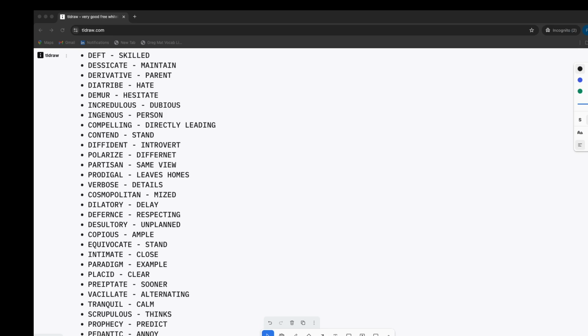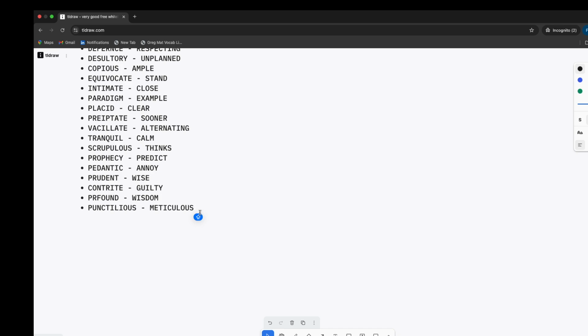Recondite: a recondite person is a very mysterious person. Precipitate was to happen sooner, or trigger. Inimical and polemical are both very controversial.